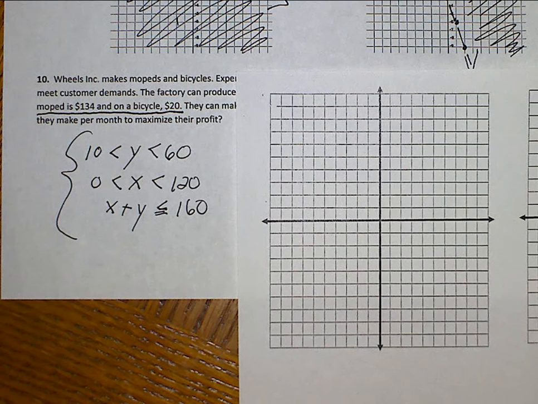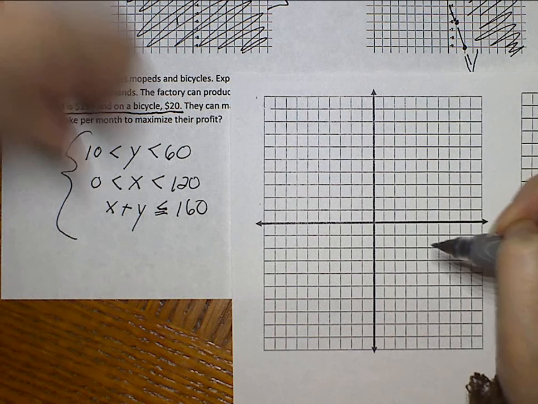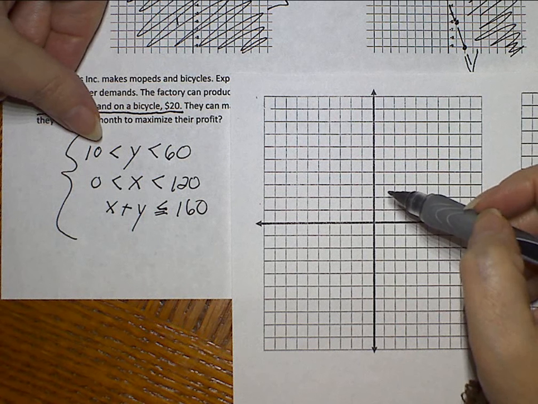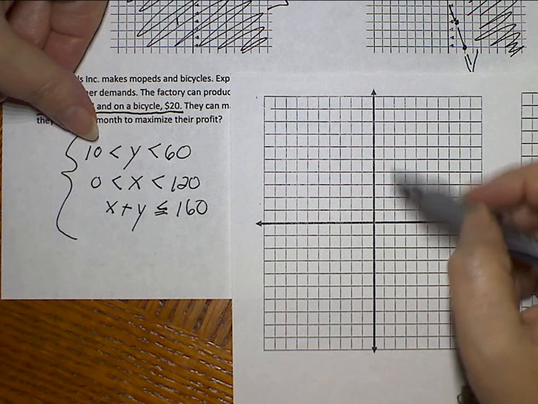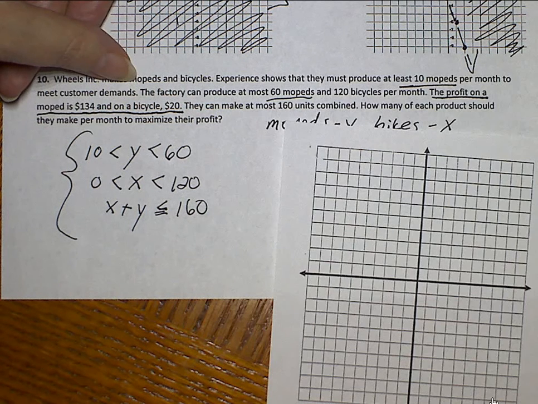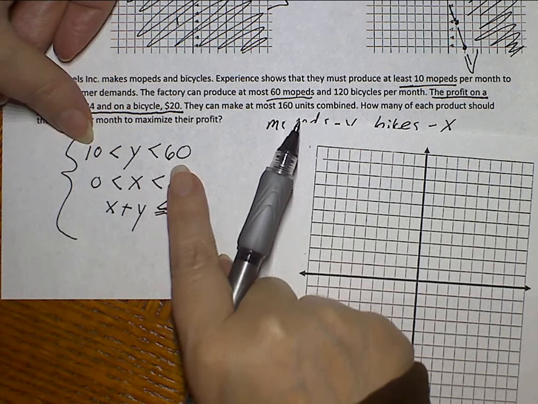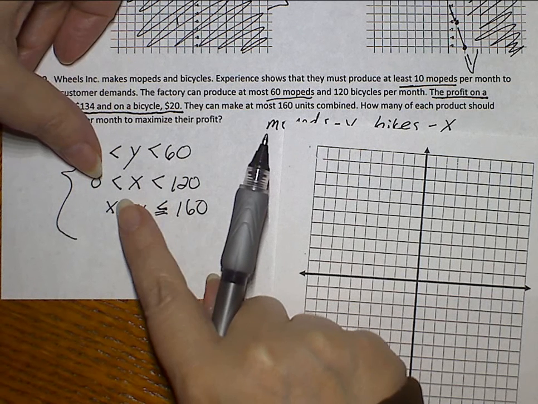Alright, so we have the y's are going to be between 10 and 60. X's are between 0 and 120, and we have to also graph this.